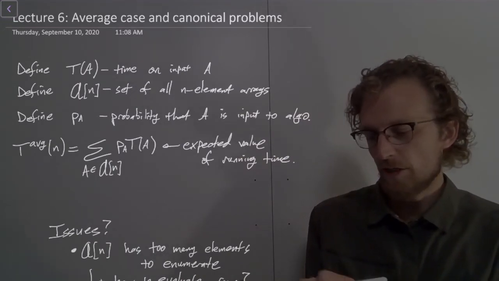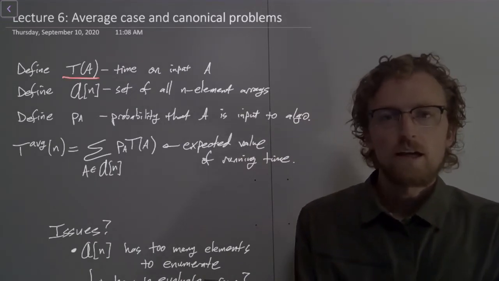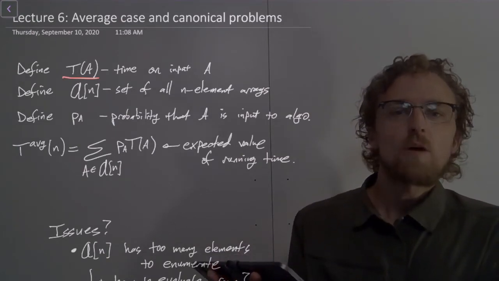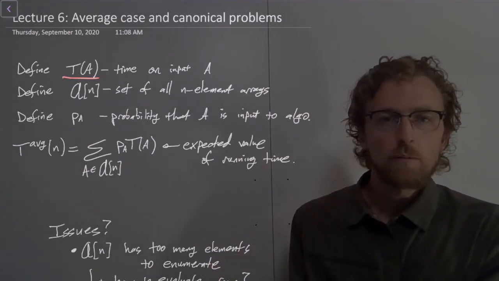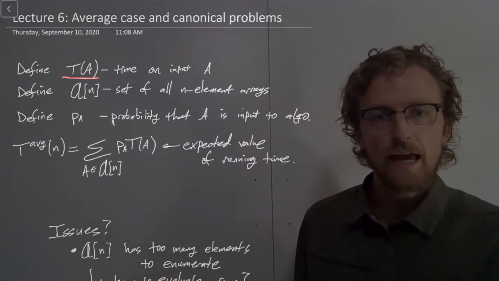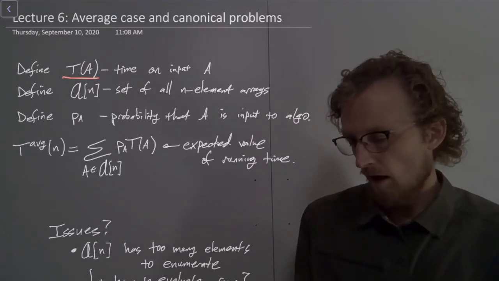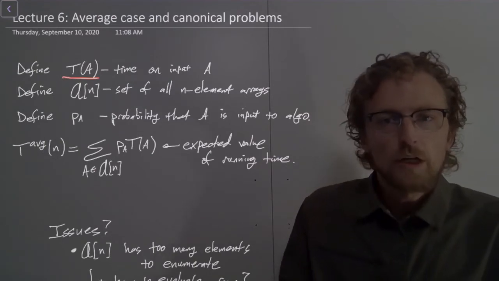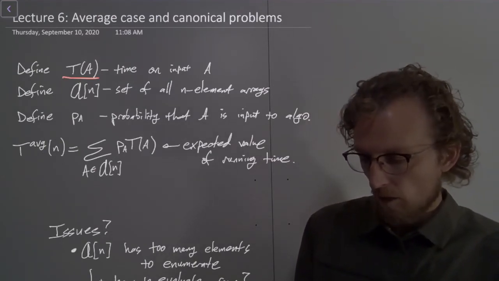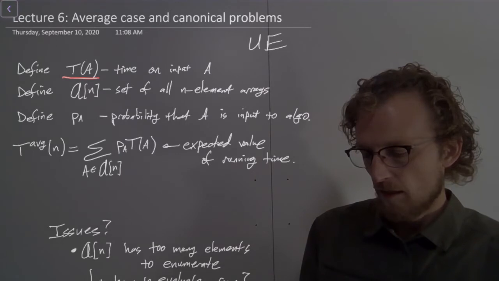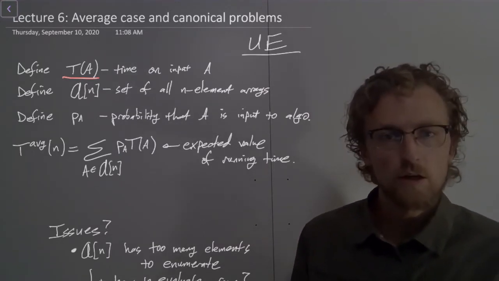So first, I'll say T of A is the running time of our algorithm on input A. Right? So if I plug an array into this T of A, that gives me our running time. So here we're looking at the algorithm unique elements. Again, check the last videos for the definition here.